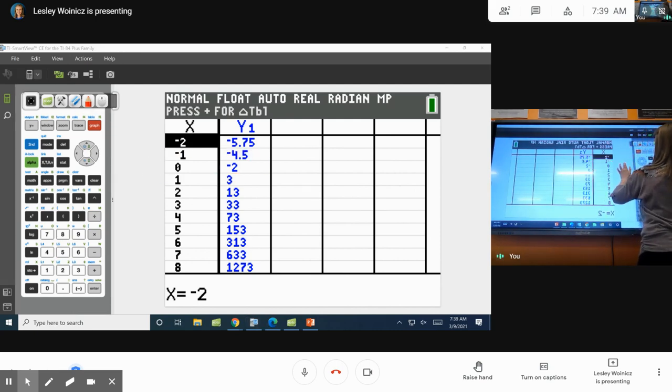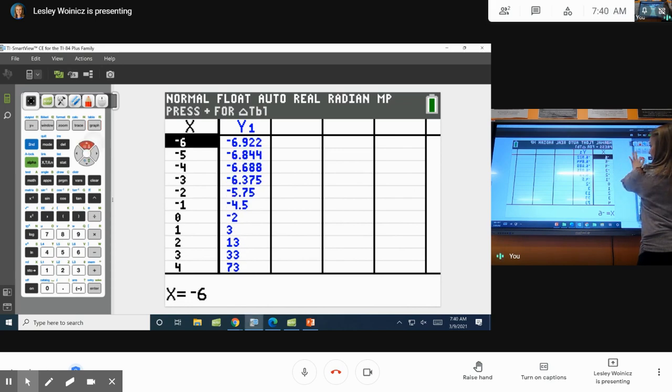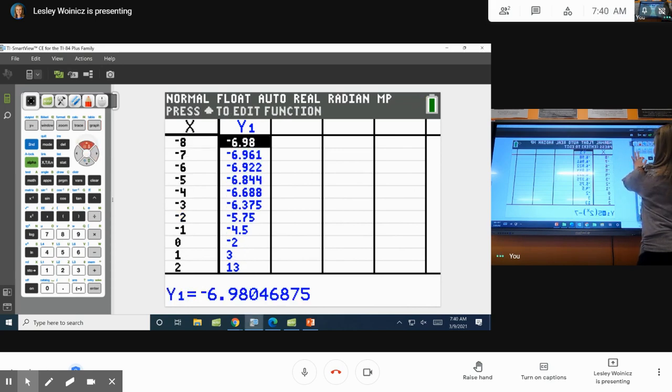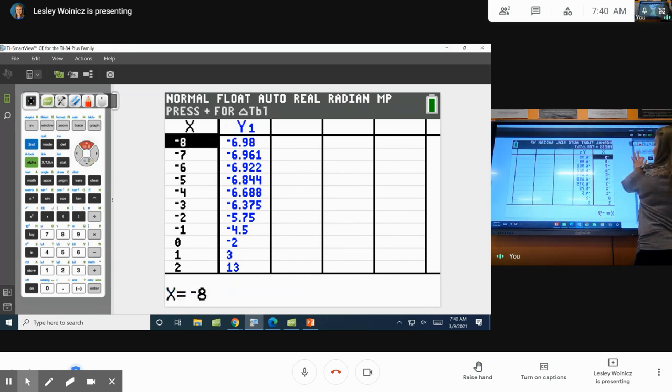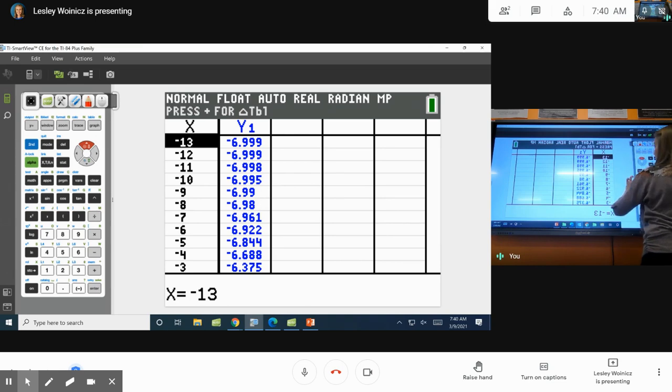And if I look closer at where my y values are going, oh, did I say -5? It was -7 for the asymptote. I was thinking of the stretch by 5, but the asymptote is at y equals -7, because these y values are getting closer and closer to -7.